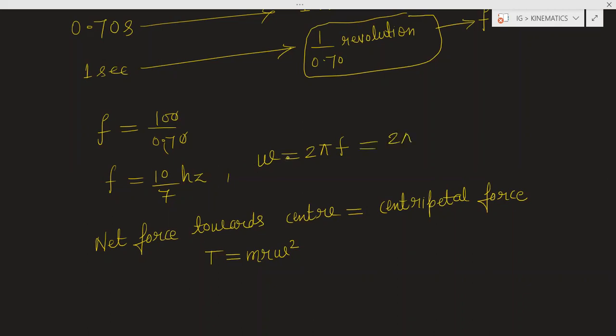So it will be 2 pi into frequency, that is 10 by 7.